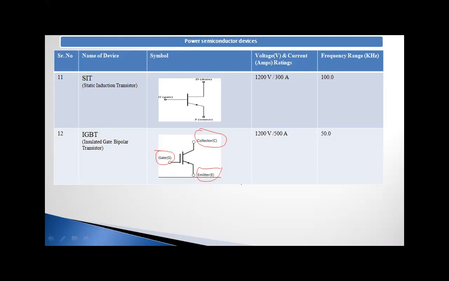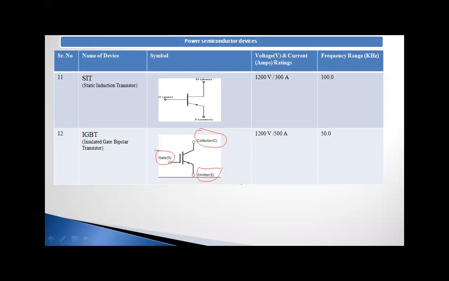Are you getting the difference? BJT terminals are base, emitter, collector. MOSFET terminals are gate, drain, source. IGBT terminals are gate, collector and emitter. IGBT is the combination of the MOSFET and BJT.